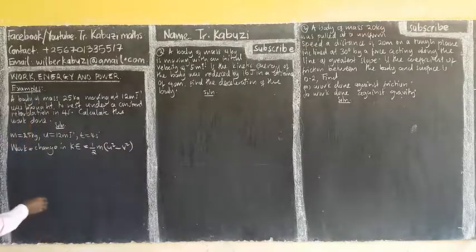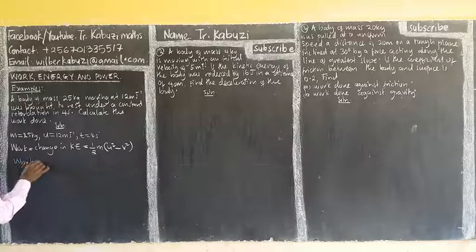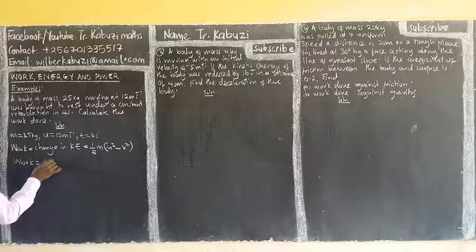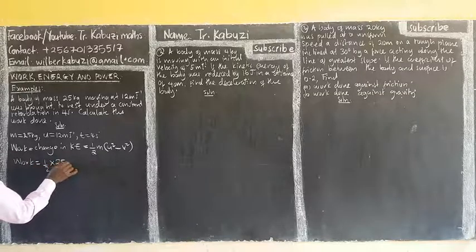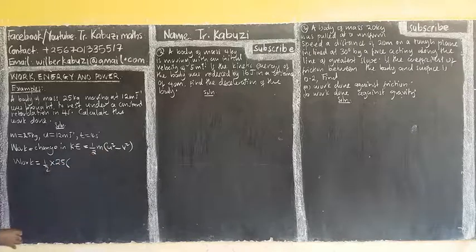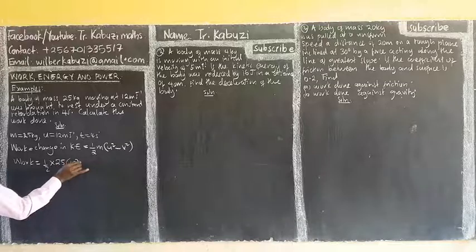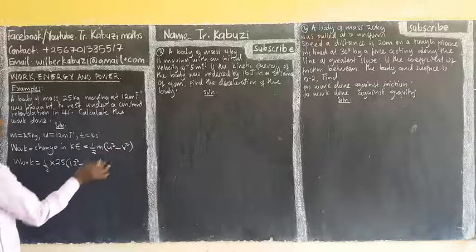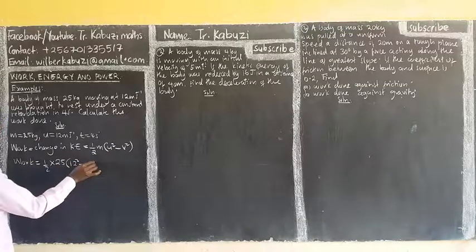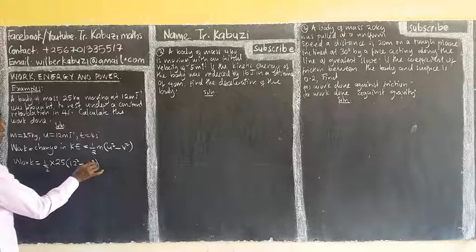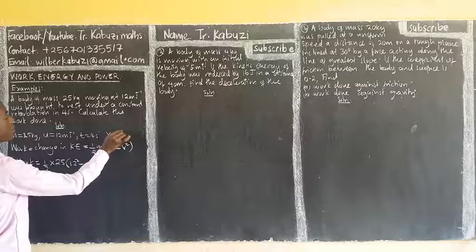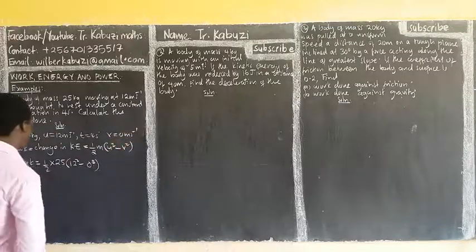So from there, my work is going to be a half, then the mass 25, into my initial velocity which is 12 squared, minus the final, because it was brought to rest, v is going to be 0 meters per second.